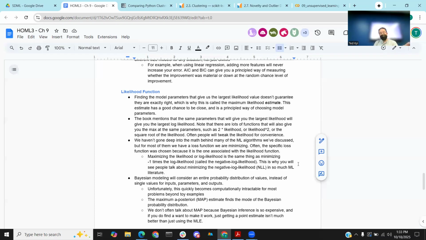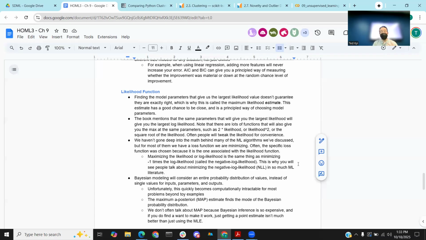They mentioned briefly this maximum a posteriori thing. We haven't talked about it. If you've done any kind of Bayesian inference, this is a way of getting a point estimate from the Bayesian analysis. The MAP is not very commonly used.